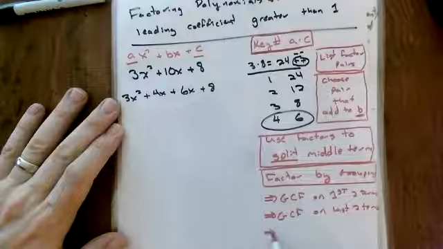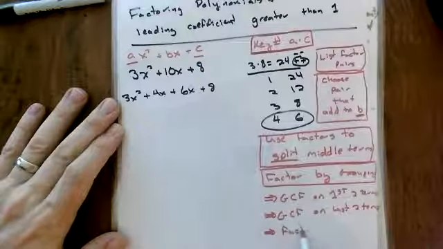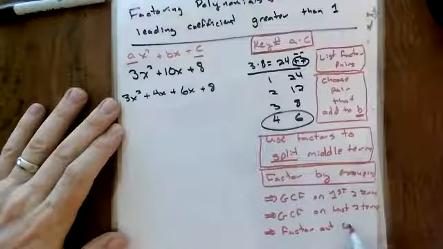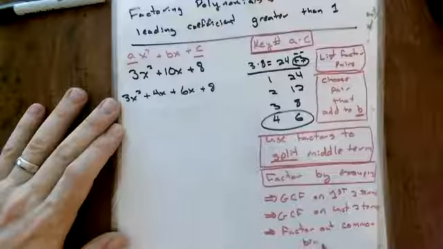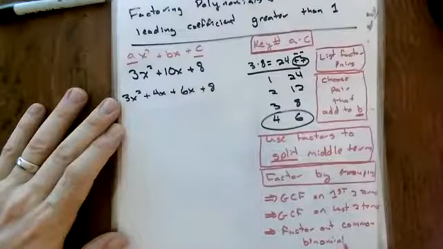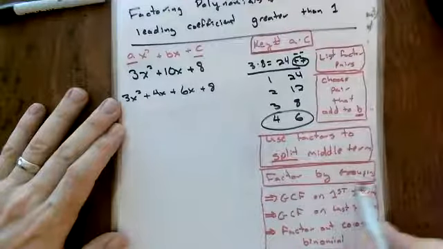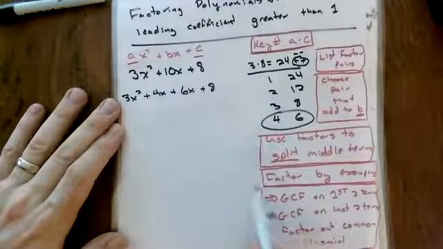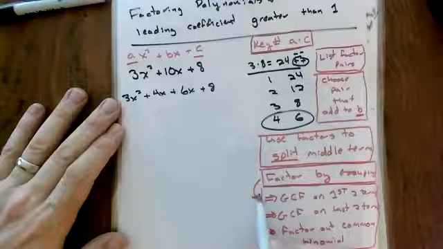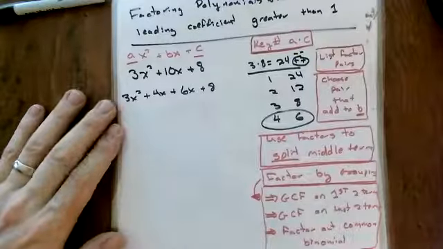And then we're going to factor out the common binomial. When I say factor out, it's still going to be there. It's just going to be in a different order. So this is literally what factor by grouping is. Let's show you what this looks like.